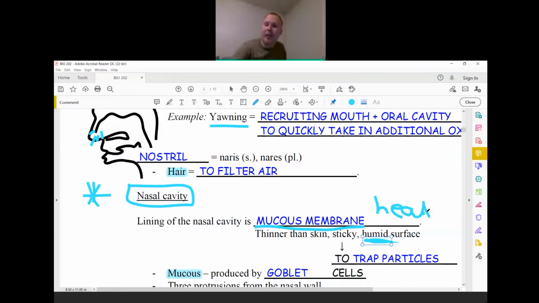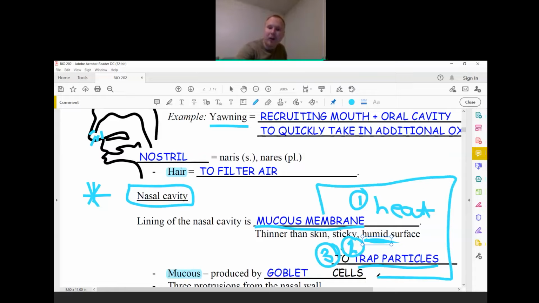And the final thing that we do is that we remove any particles that might be in that air. So the hairs don't catch everything, so there might be smaller parts. The mucous membrane is really good at trapping stuff that shouldn't be getting to the lungs. They often get caught in the mucous membrane at this point. So those are the three important functions of the nasal cavity.